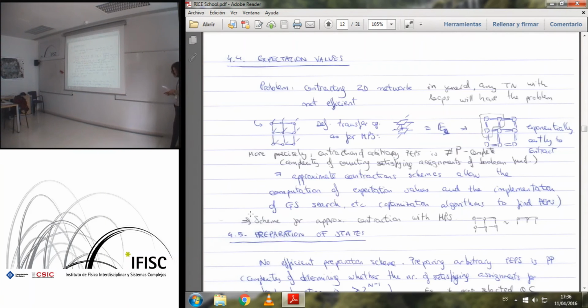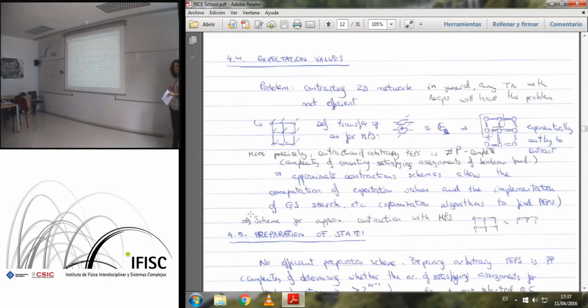And actually, it was shown by Norbert Schuch that this is a very hard problem. If you are given an arbitrary PEPs and you were able to contract it exactly, this would give you a lot of computational power. So the complexity of doing that is Sharp-P complete, which is much more difficult than NP complete.